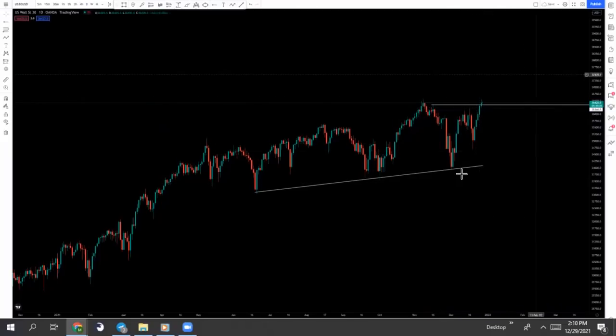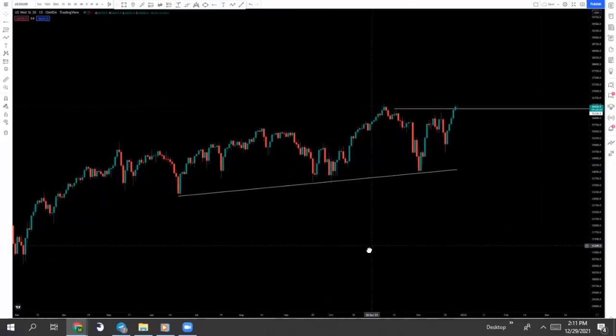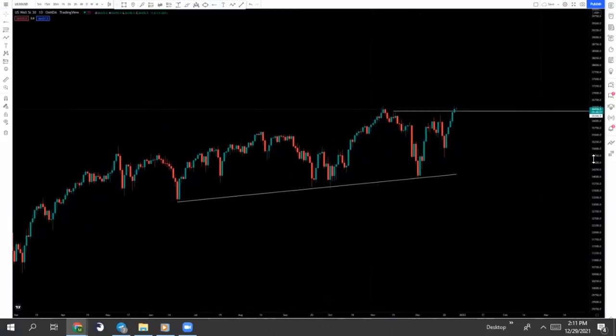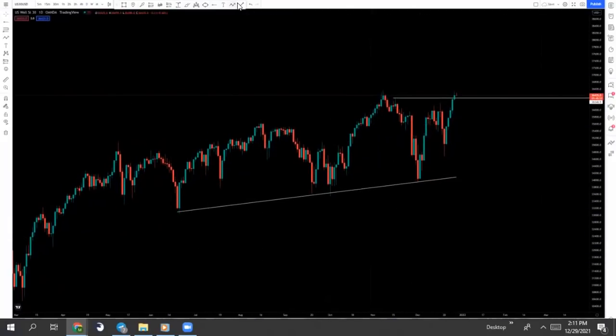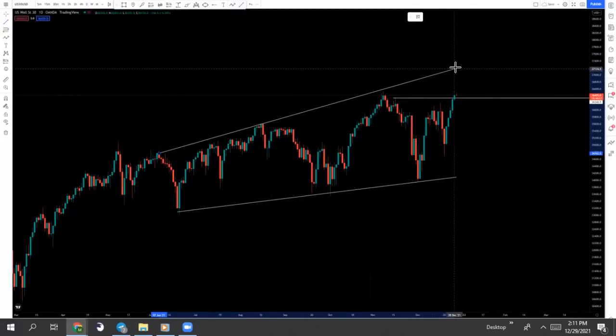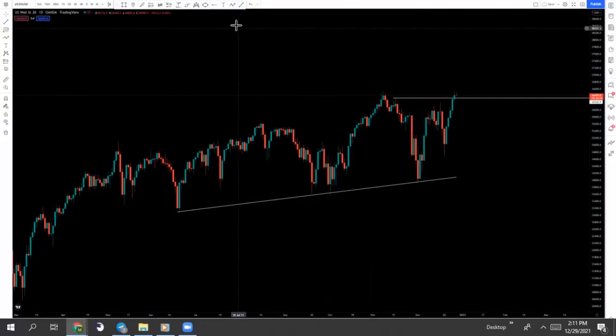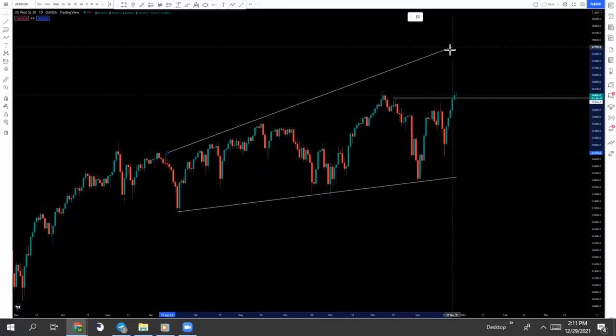Price broke that level, right? So if price breaks that level, your double top doesn't work anymore. You need to wait for the third touch. 1, 2.